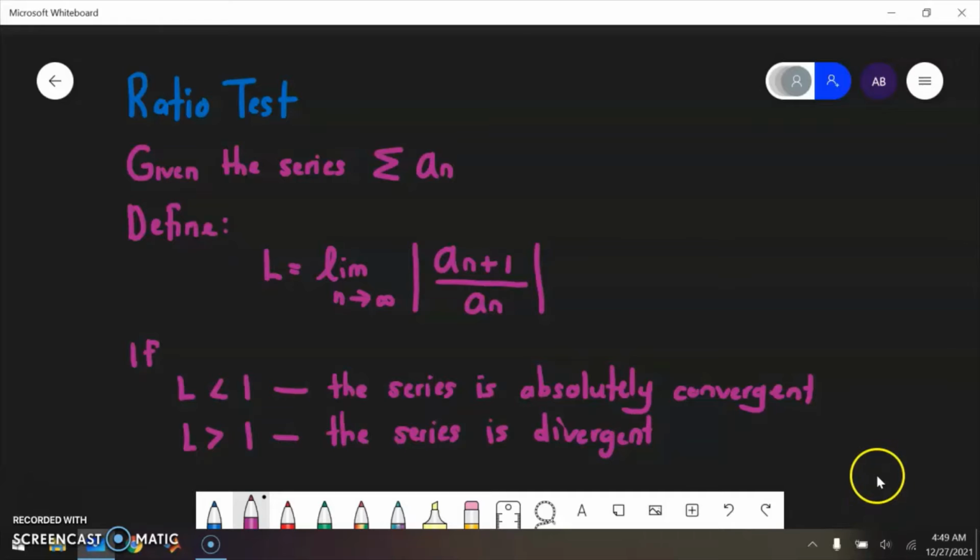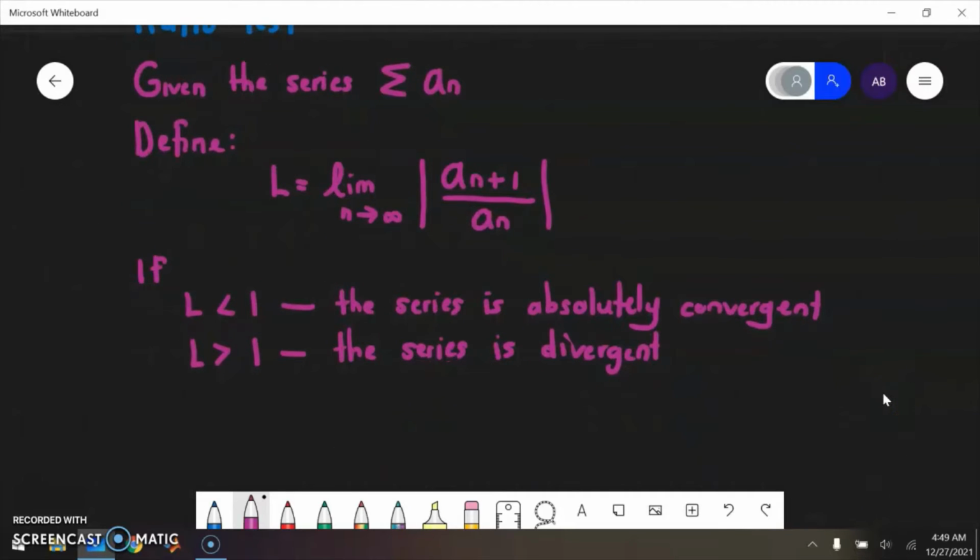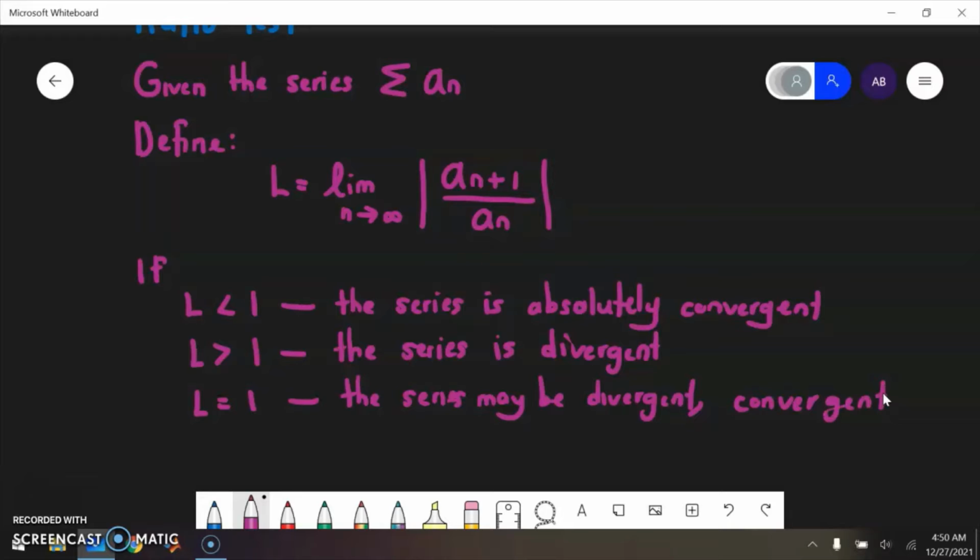Now there's another case, when L equals 1. Then the series may be divergent, convergent, or absolutely convergent.